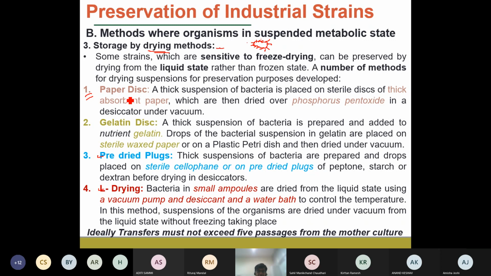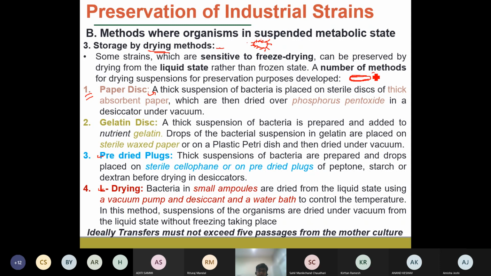In the case of the paper disc, we take a thick suspension of the bacteria and place it on a sterile disc of absorbent paper. Generally, in our labs, we have some sort of filter paper, and on that the thick suspension of the bacteria is placed.